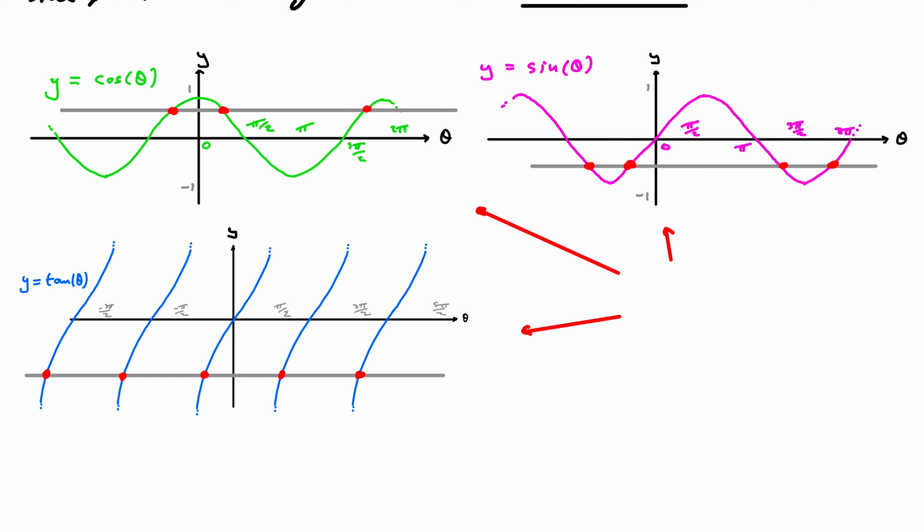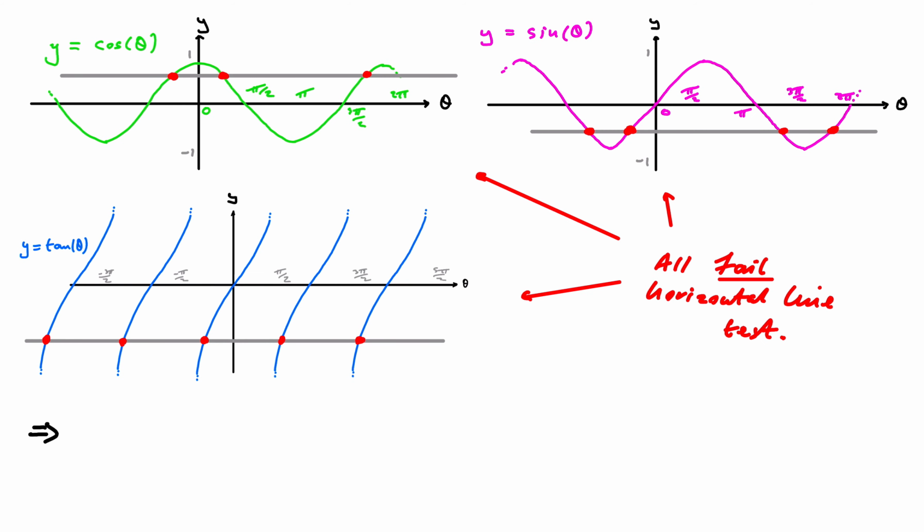So all fail the horizontal line test. No good, right? If they all fail the horizontal line test, that means they don't have inverse functions. So there we go, we can stop the lecture, right? Over, no inverse functions. But we are going to attempt to rectify the situation.